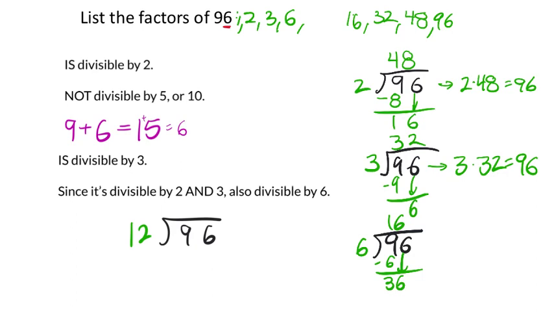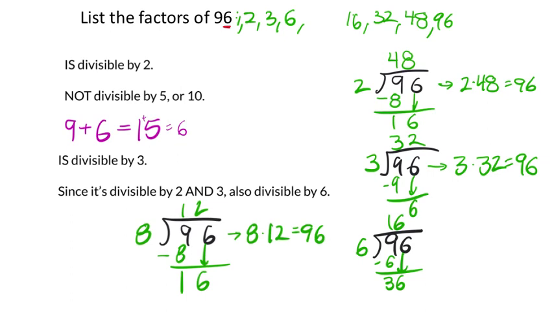Okay, or, and I'm kind of giving away the answer here, but it's a multiple of 8, meaning 8 goes into 9 once. 1 times 8 is 8. When I subtract 9 minus 8 is 1. I drop the 6. 8 goes into 16 2 times. So 96 could also be shown as the factors 8 times 12 is 96, which gives us a new factor pair, 8 and 12.